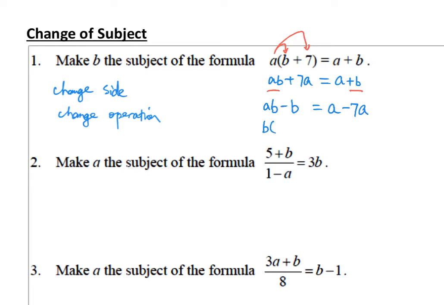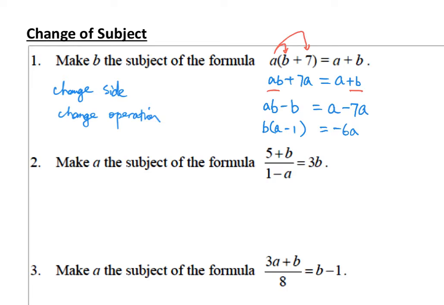So take out the common factor. What's left for the first term? a minus 1, right? How about the right hand side? Yeah, 1a minus 7a equal to negative 6a. So, last one.